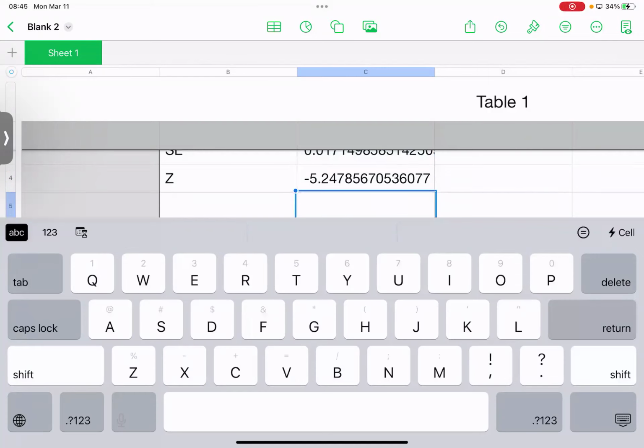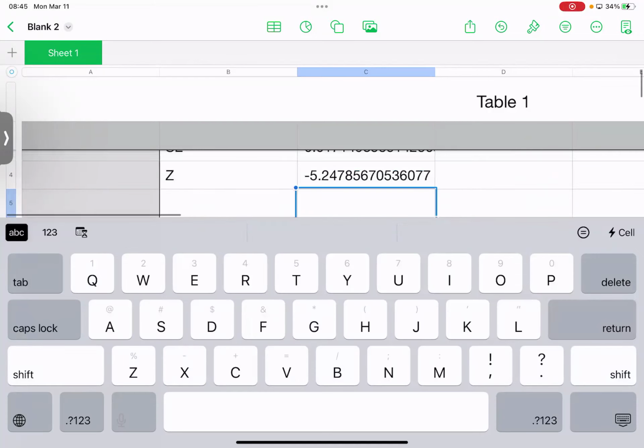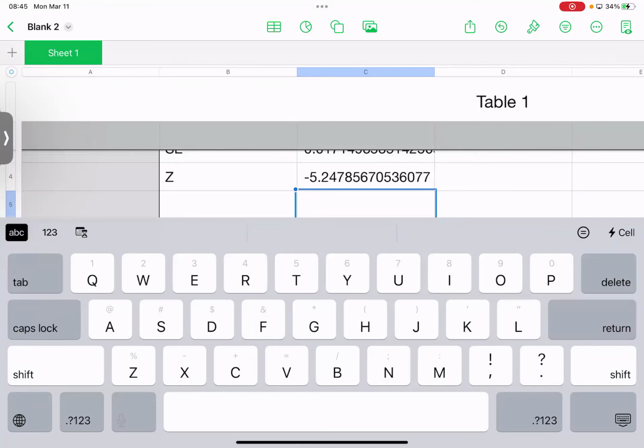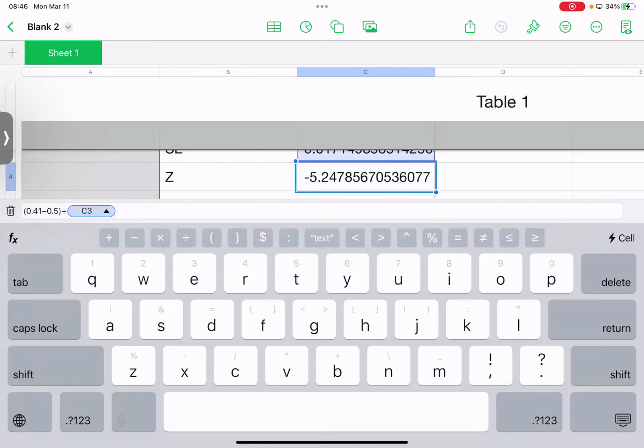And then that should be good, return. So this Z tells me that 0.41 is 5.25 standard errors below the hypothesized proportion. That's really far away, right? In fact, anything more than 2 standard errors away is considered extreme. And so I'm going to copy this, or try to.